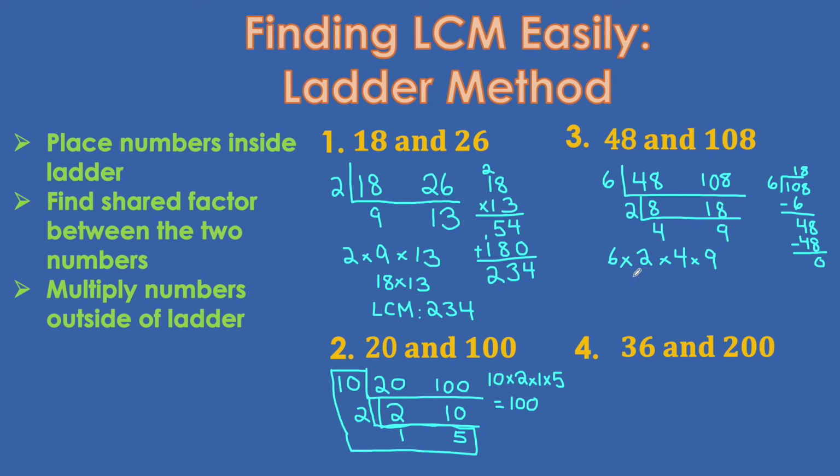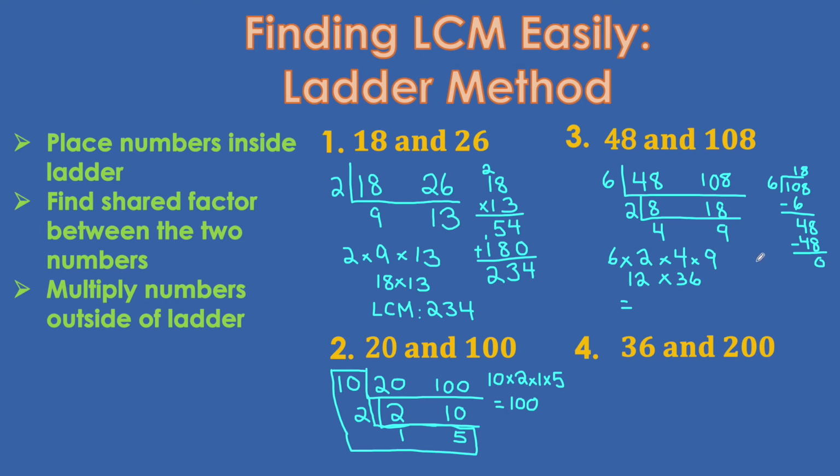And that will give us, well, we can evaluate these two first. 12 times, and 4 times 9 is 36. Now we just multiply these two-digit numbers.